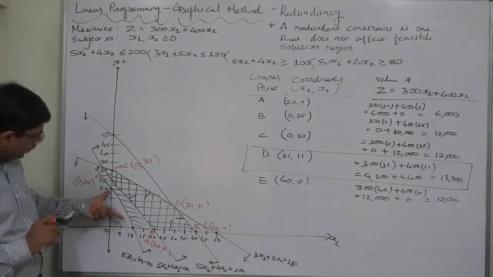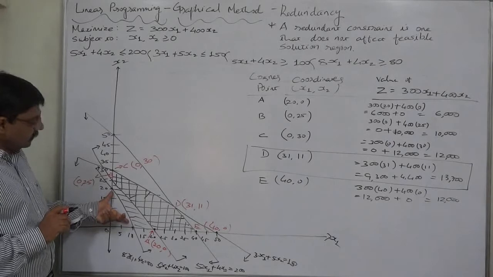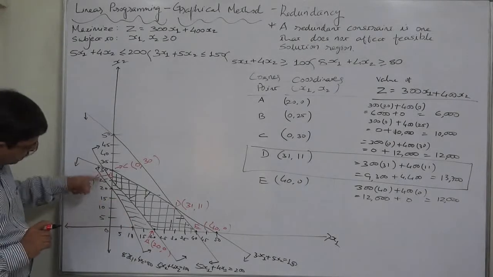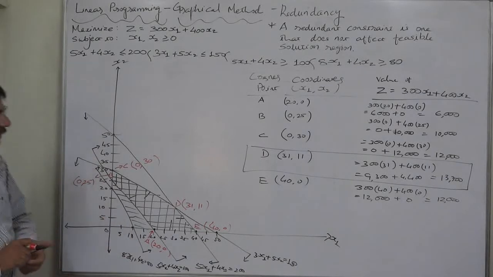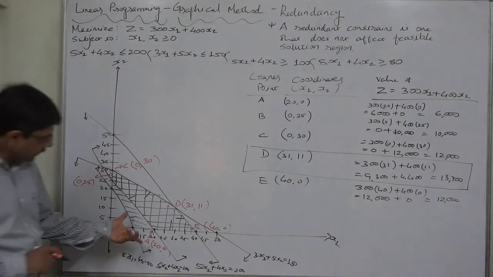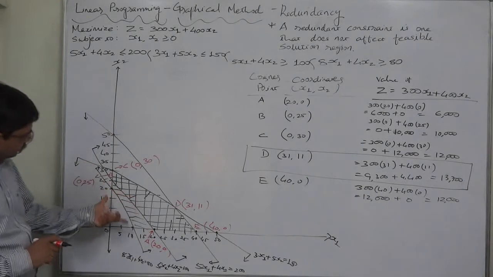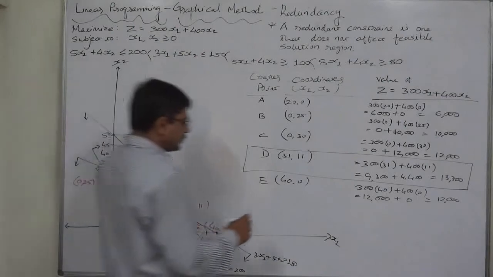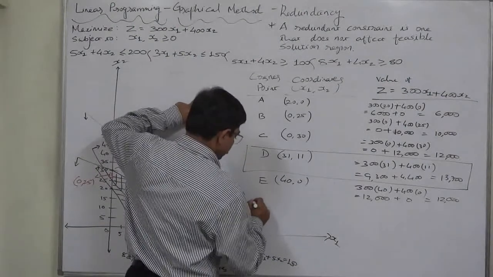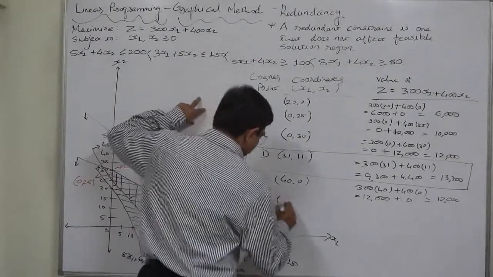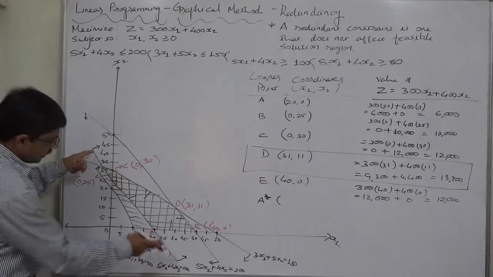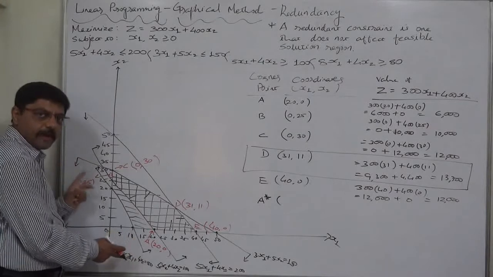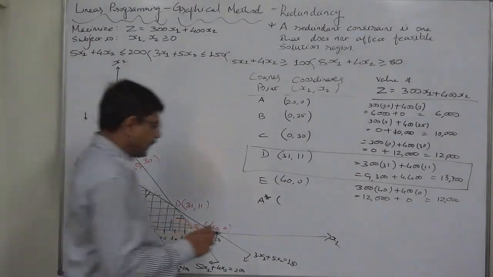Now let's take the effect of these two corner points. If we include this constraint as a part of feasible region, and instead of these two corner points, we take these two corner points. Let's just check. If A is 10 and 0, instead of this, if we take this constraint as a part of our feasible region, what happens?